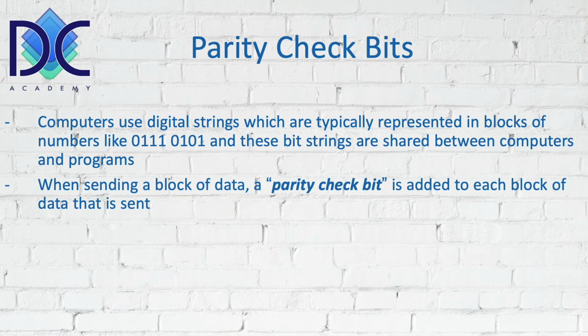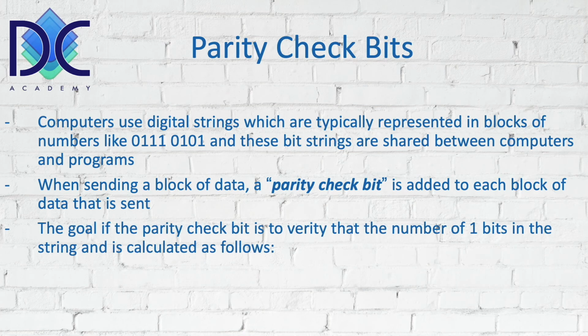When we are sending a block of data, we add what we call a parity check bit to each block of data that is sent. The parity check bit will look into the correctness of the bit string that has been sent and that you received.